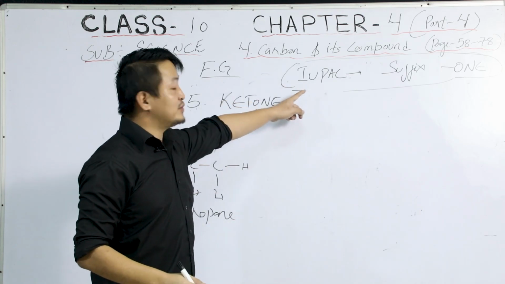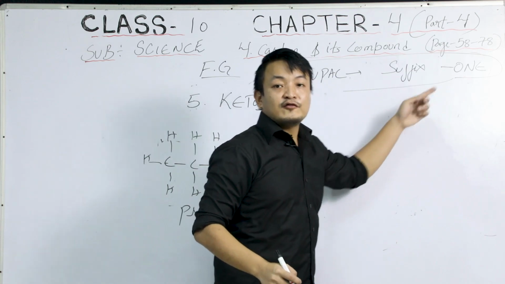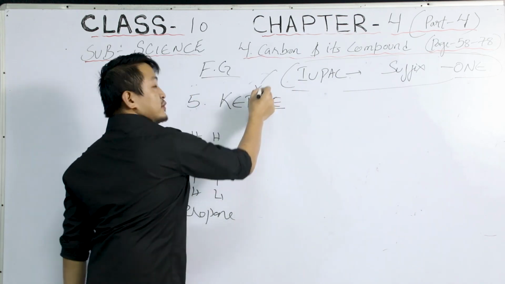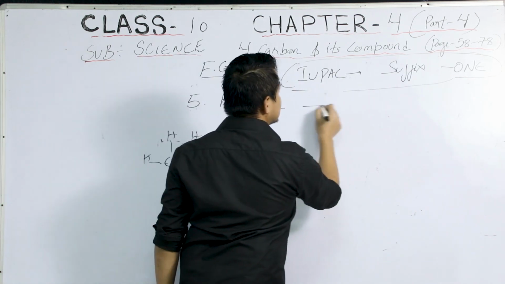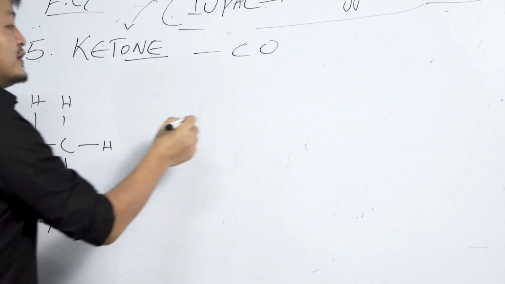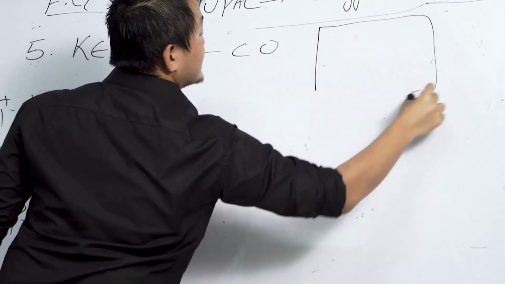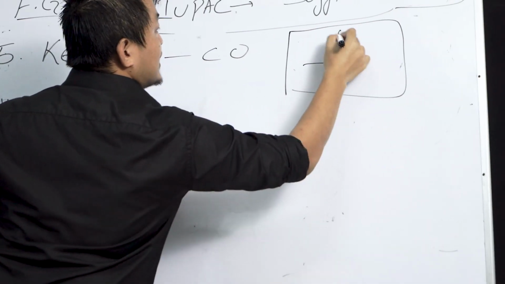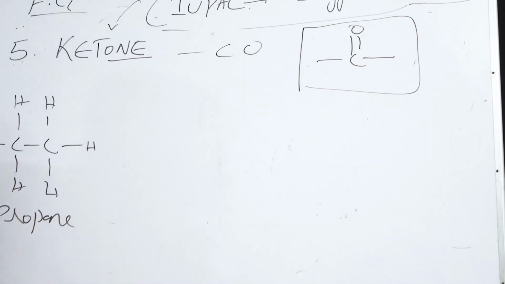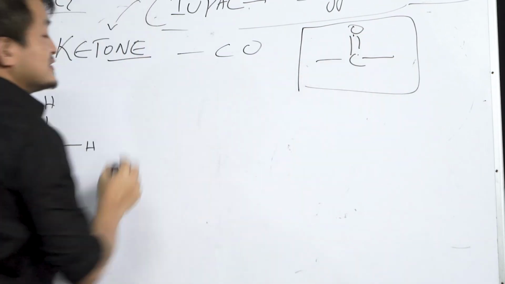While we are giving the IUPAC name, we will use the suffix ONE for the functional group ketone. And ketone is CO. Clear? If you have this CO, I'll show you here how it will look. It will look like this. So if we have CO, then that is ketone.